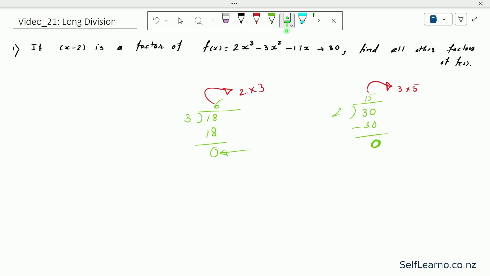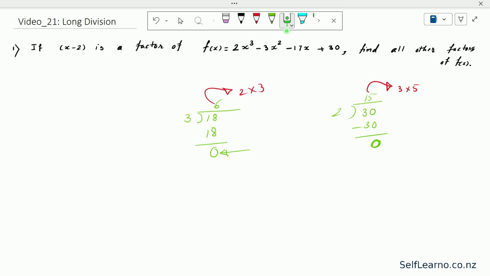So what I'm trying to explain is, if we know one factor, then we can easily find the other two factors by this method. If we know one factor of 30, we can find the other two factors of 30 very easily.